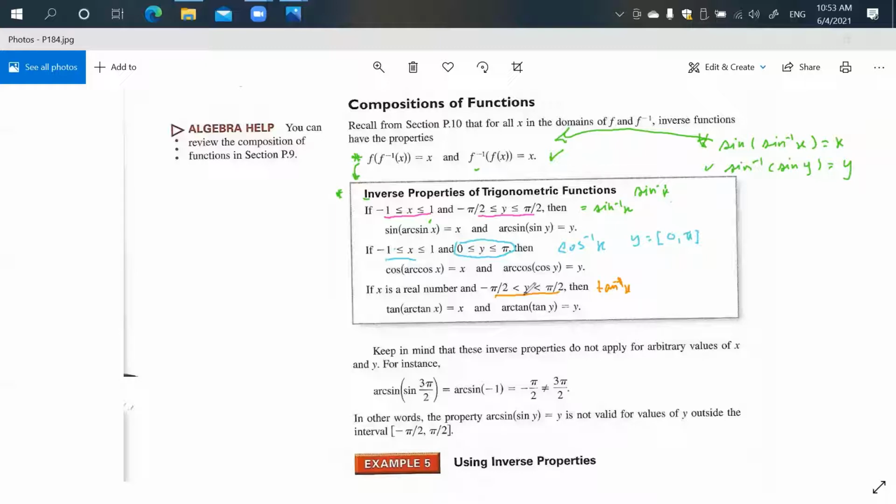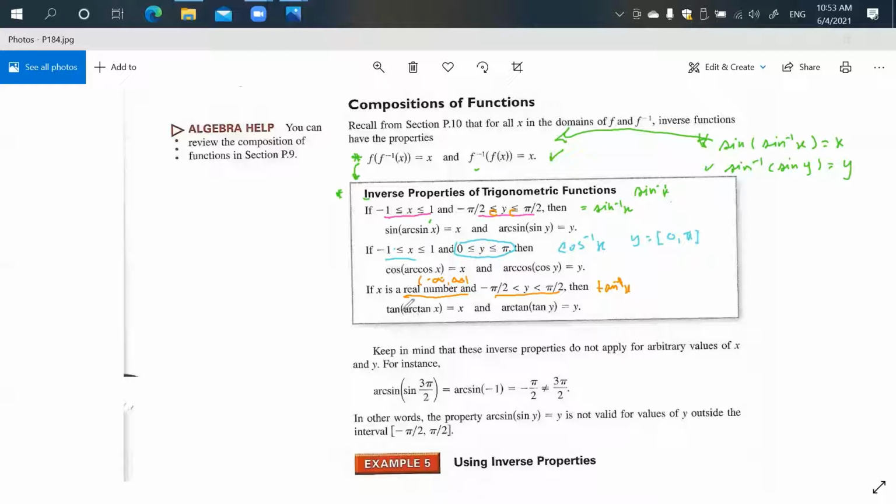The range is similar, not exact, to arc sine x, but here the endpoints are not included. This one has equal signs, but for arctan the range is open. But the domain x is what? Real numbers. That means negative infinity to infinity. Again, this is very important. Keep that in mind.